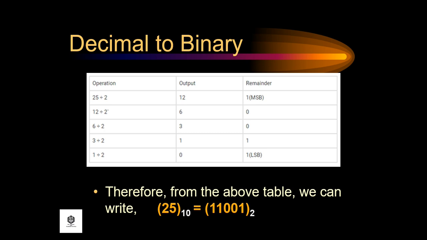Next, 1 divided by 2 is equal to 0. 0 times 2 is 0, so the remainder is 1. So the answer: 25 in decimal is equivalent to 11001 in binary.